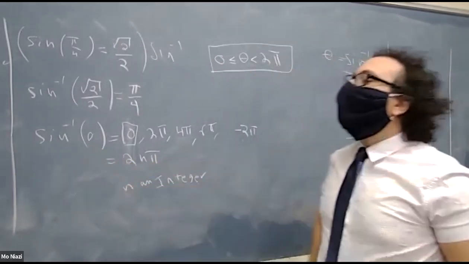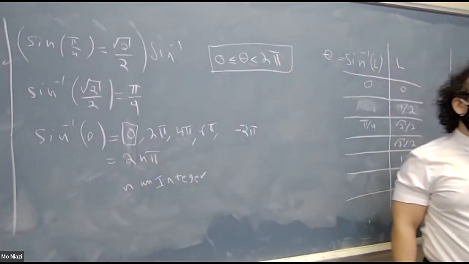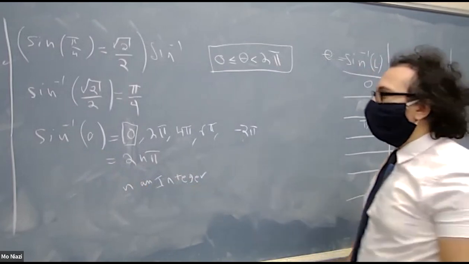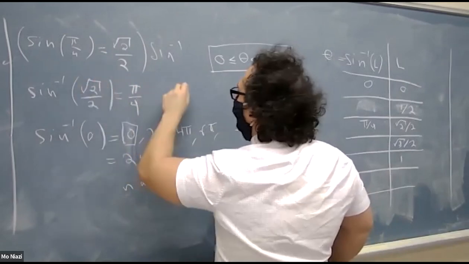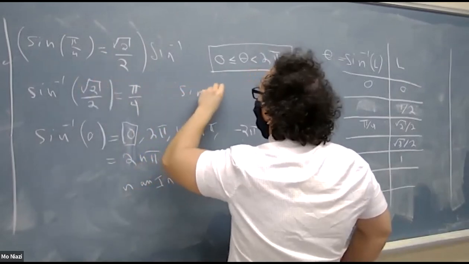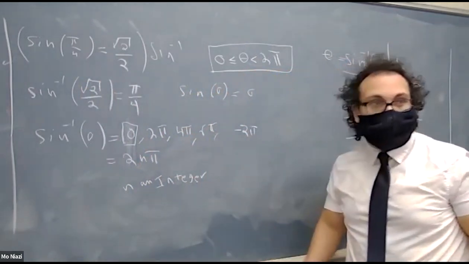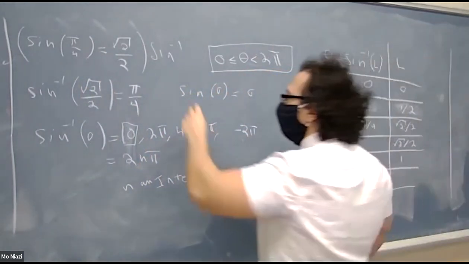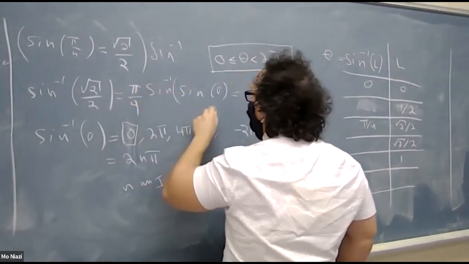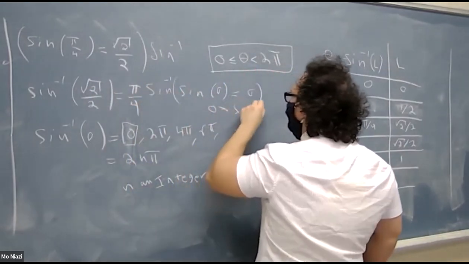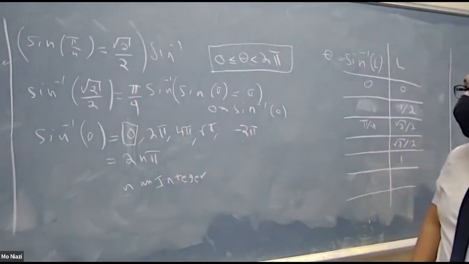At what angle does sine output a 0? And if you don't see that, all you got to do is start off like this. What is the sine of 0? 0. Take the sine inverse of both sides, and then you get 0 is equal to sine inverse of 0. So you can play this game for any of them.